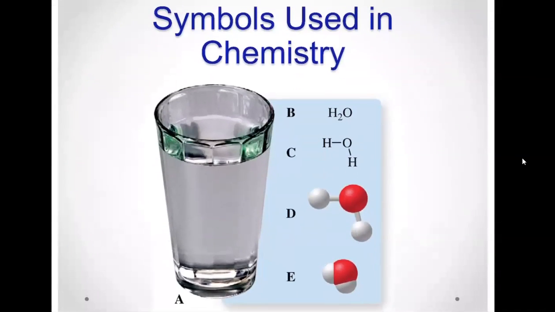Symbols that you'll see in this course. Here's an example for water. When you see just H2O written, that's known as the molecular formula, since it's a molecule. When we draw it out, that is the expanded formula, showing all the bonds.